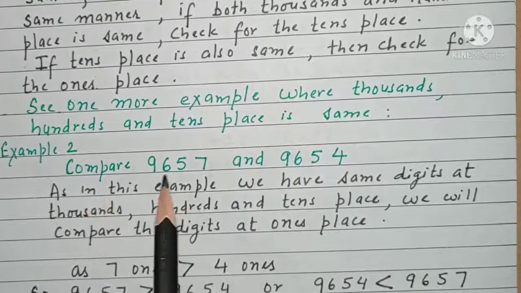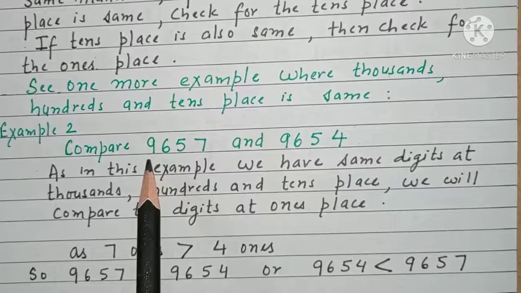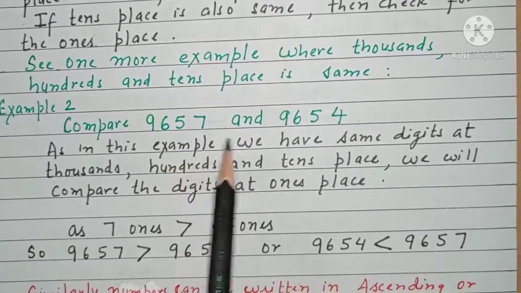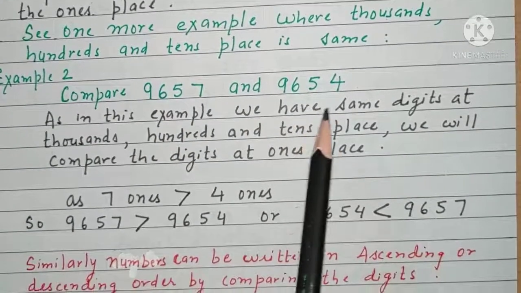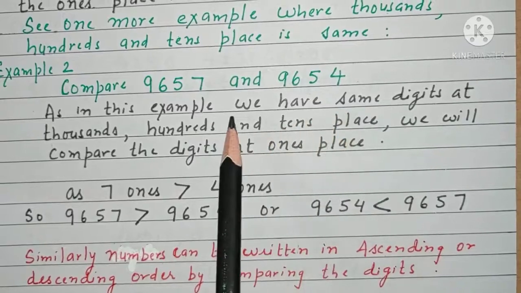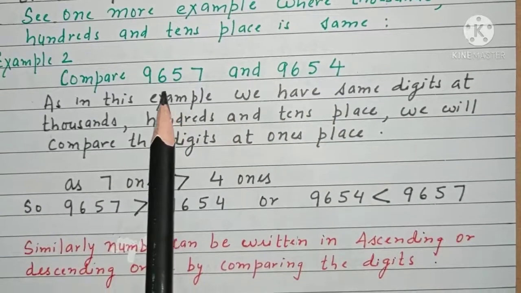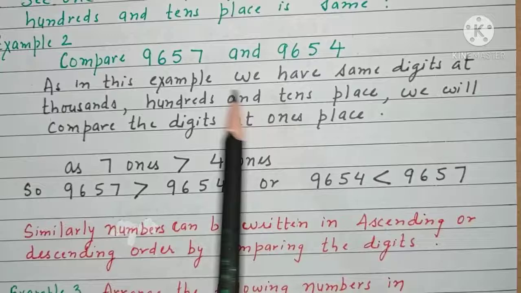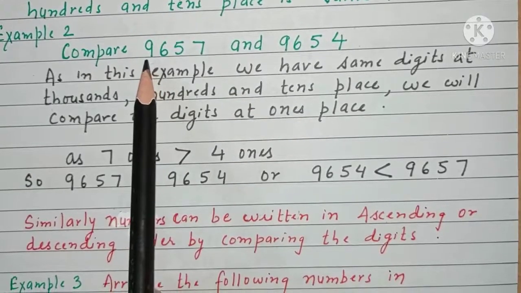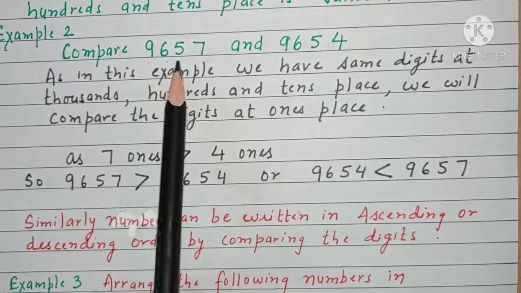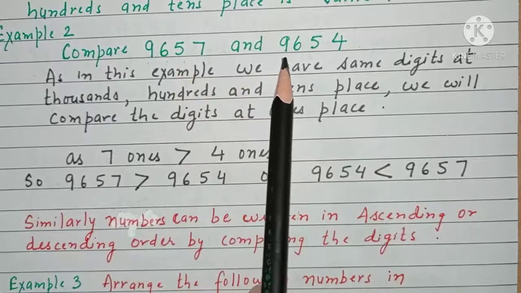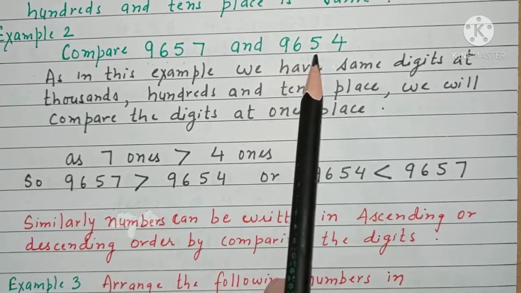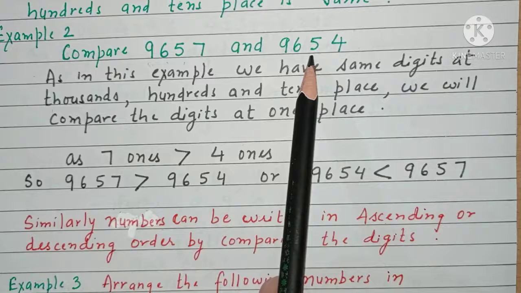For example, we need to compare the numbers 9657 and 9654. Now, as you can see, in this example we have same digits at thousands, hundreds and tens place.